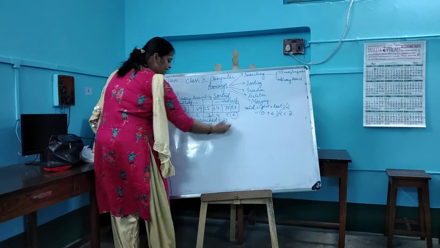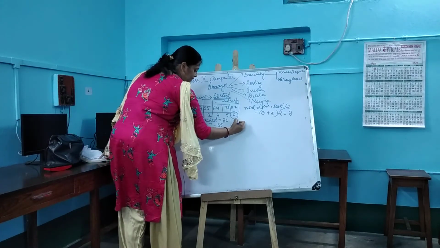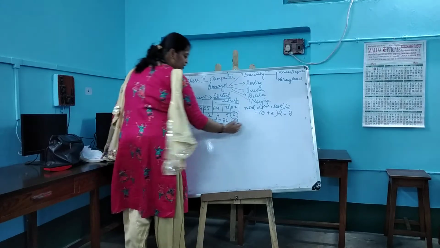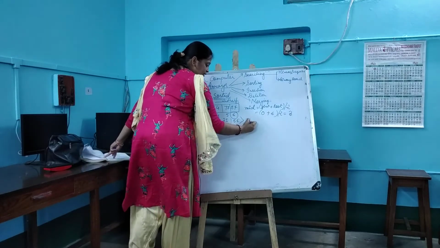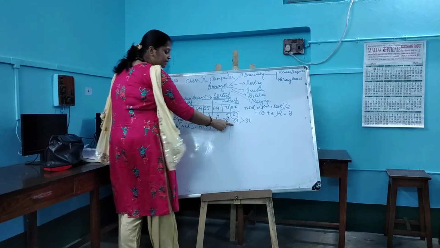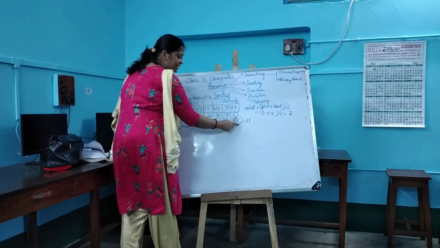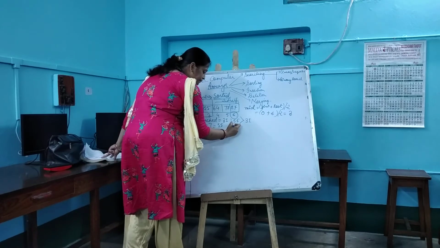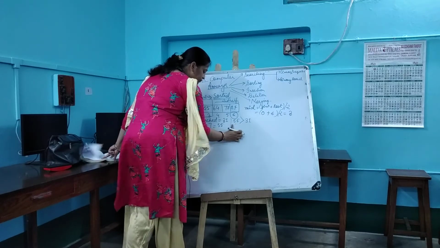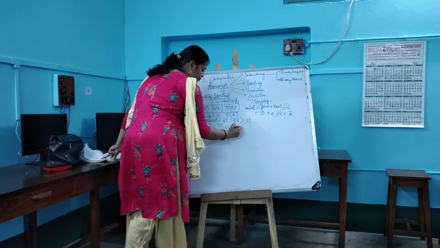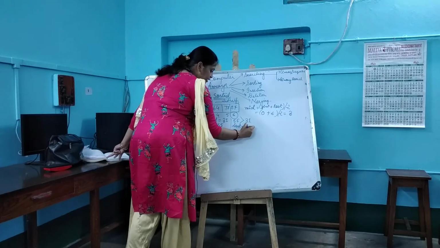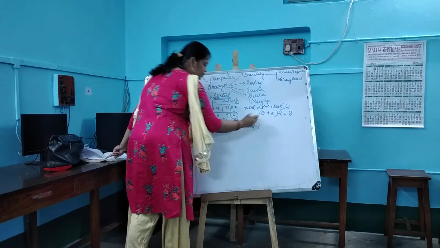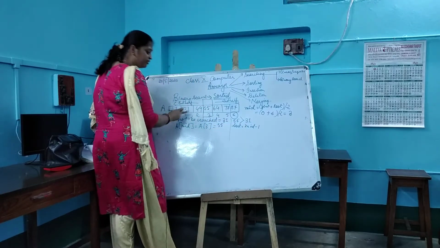Now the condition is, if the number in the middle position is greater than the number you are searching, in that case your last will be mid minus 1. That means you're going to move in the first half.